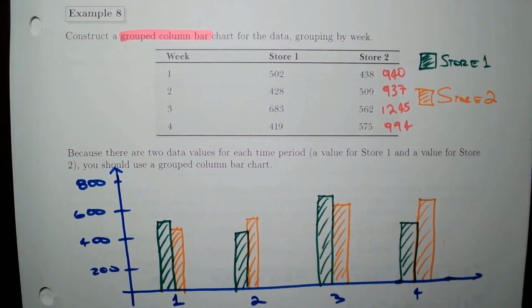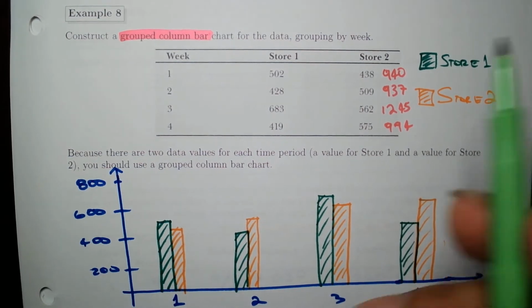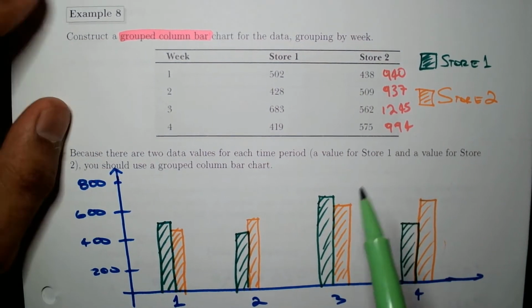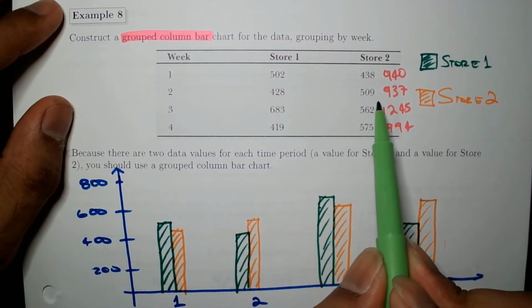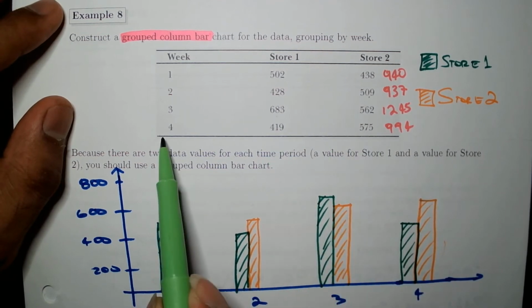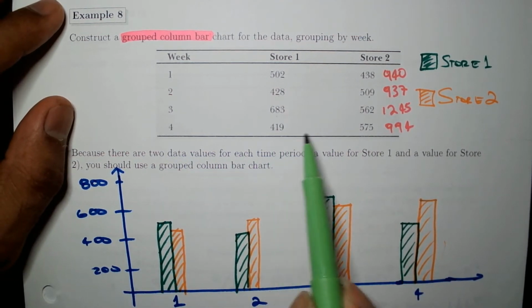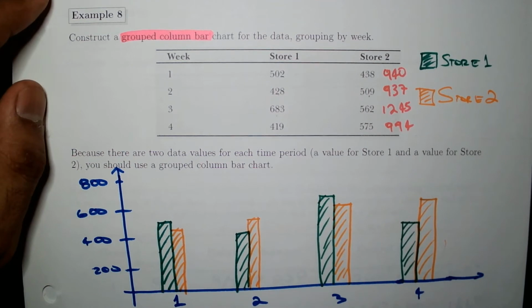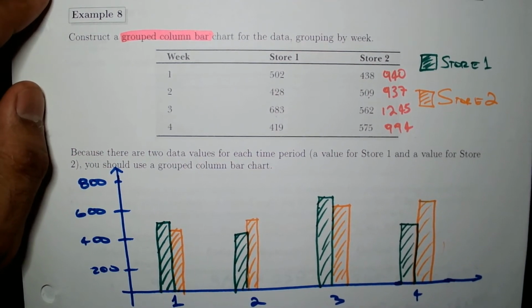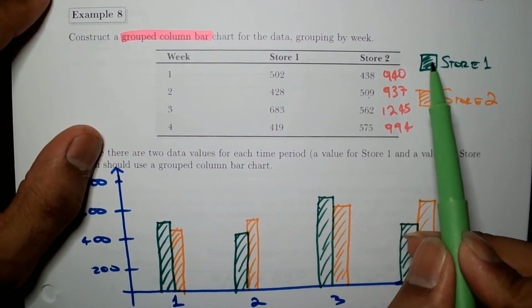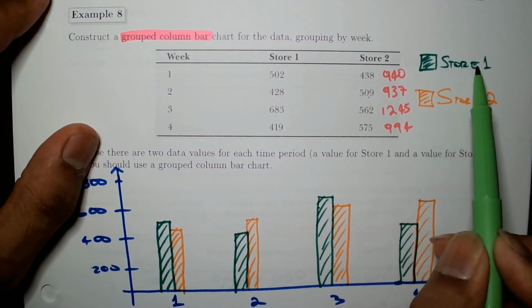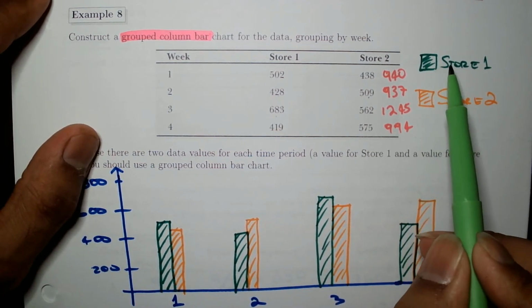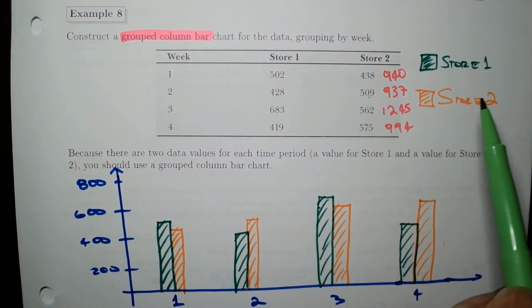In this case, we're not being very specific, we're just playing with numbers. And then store 1, store 2, and then the last week, the 4th week, 419, 575. So essentially what we do is color code each store.